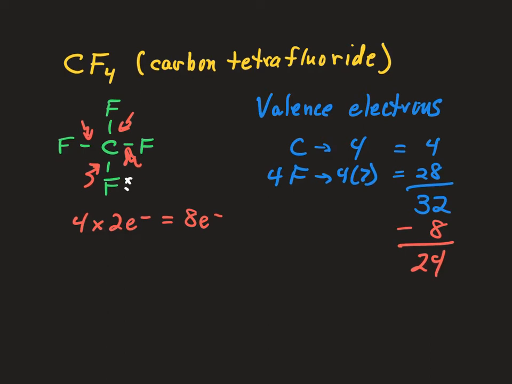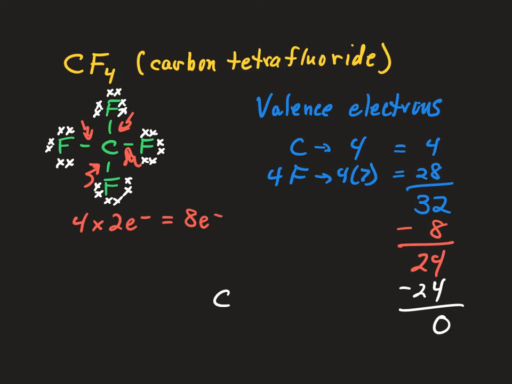And so now we start distributing those 24 around the atoms starting from the outside in. So we go 1, 2, 3, up to 24. And now we're out of electrons. Each atom there has 8 electrons around it, and so that is the appropriate Lewis structure.